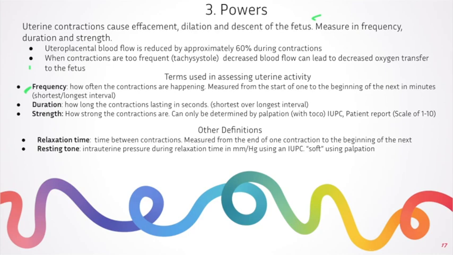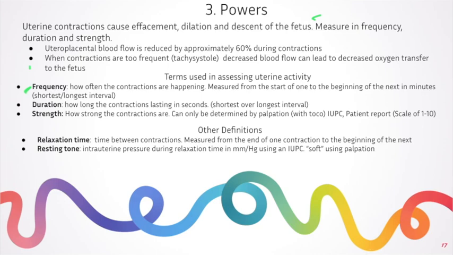If you don't have an internal pressure catheter in that's picking up the strength, you're going to ask your patient, on a scale of 1 to 10, what are your contractions like? And you're also going to palpate them. You are going to put your hands on that person's abdomen and feel it when it's not contracting, so it feels like your belly, nice and soft. And then as the contraction starts, don't tell them, hey, guess what, you're contracting, because they know, unless they have an epidural. You're just going to feel it. As the contraction gets to the peak, it's going to feel hard like a table.